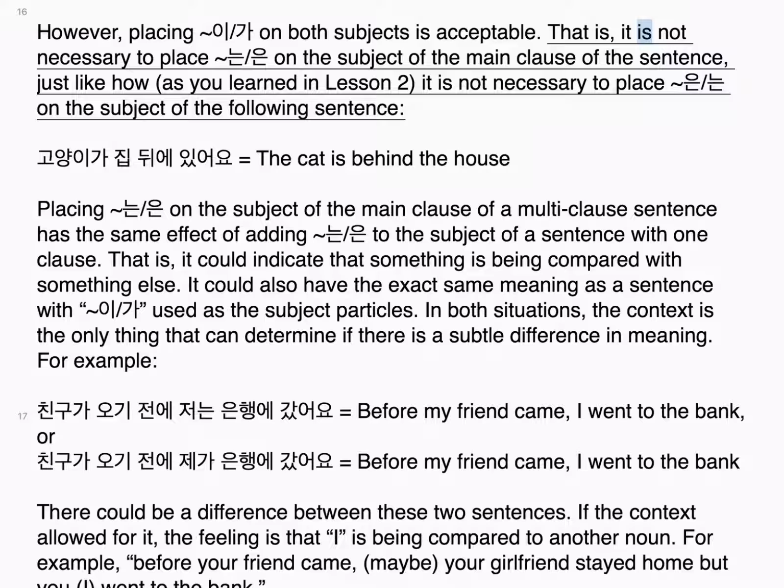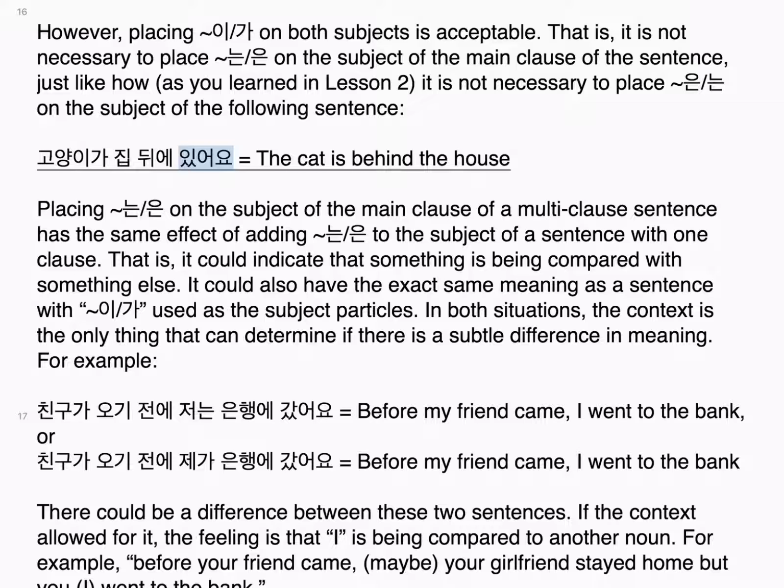That is, it is not necessary to place 는 on the subject of the main clause of the sentence, just like how, as you learned in lesson 2, it is not necessary to place 는 on the subject of the following sentence. 고양이가 집 뒤에 있어요. The cat is behind the house.